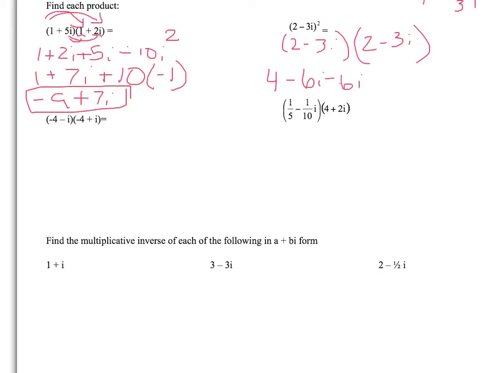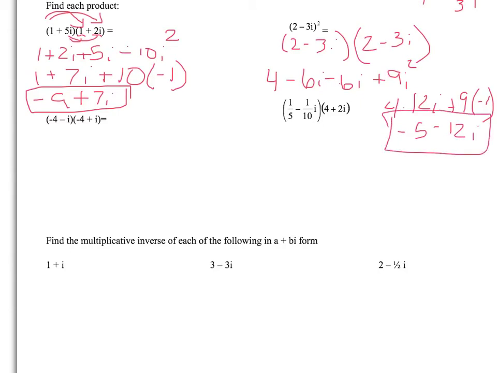Negative 3i times negative 3i is a positive 9i squared. So we'll have 4 minus 12i plus 9 times i squared is a negative 1. 9 times negative 1 is negative 9, plus 4 is going to be a negative 5, minus 12i.